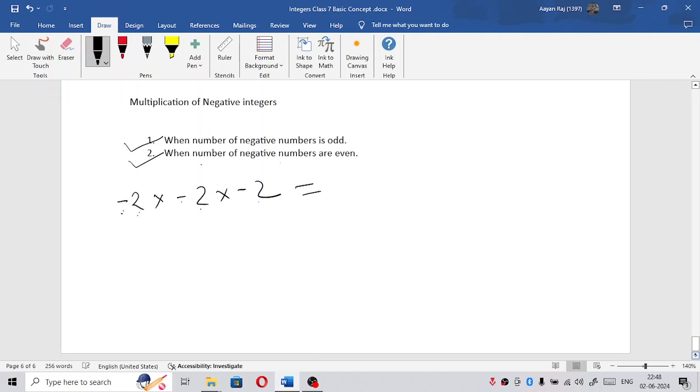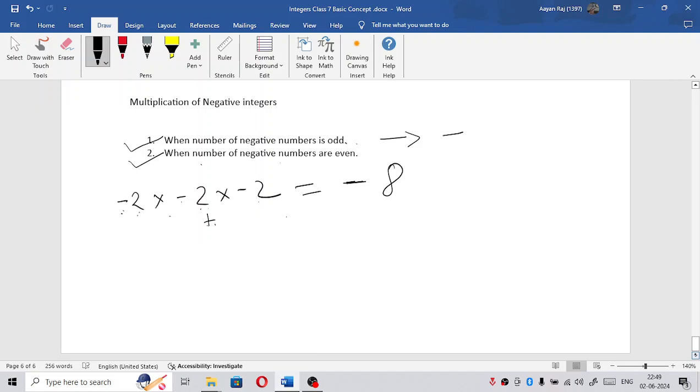Minus into minus, the sign becomes plus, and plus into minus, the sign will be minus. So we have to put the sign minus, and 2 2s are 4, 4 2s are 8. So the answer would be minus 8. So with this statement, when the number of negative numbers is odd, then the sign will be minus.